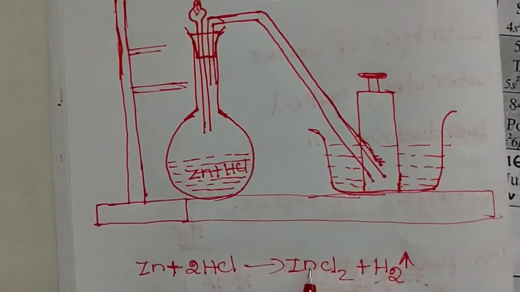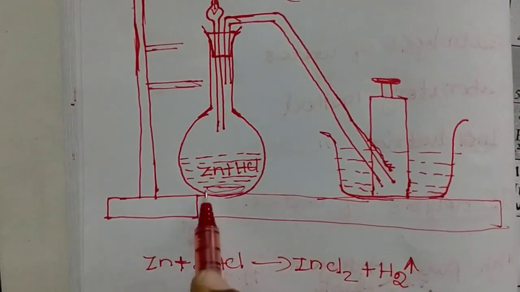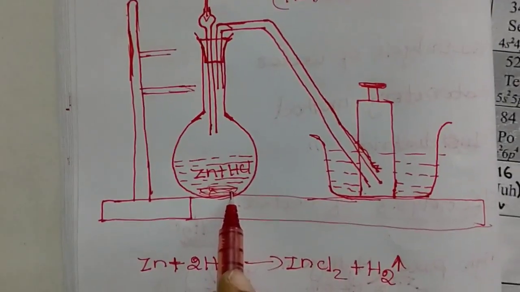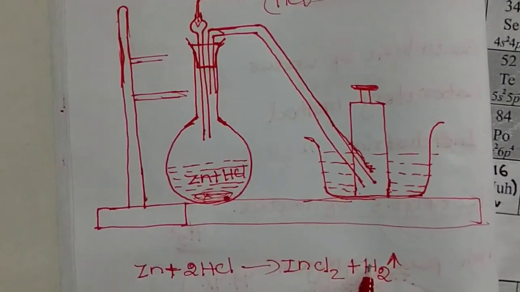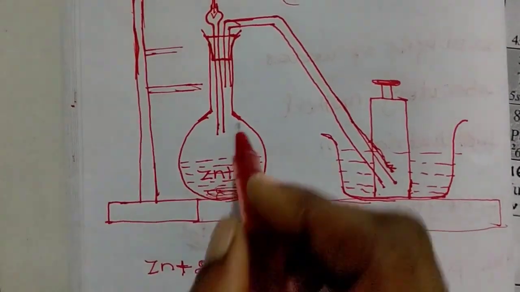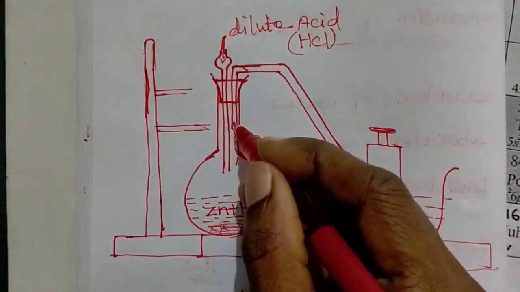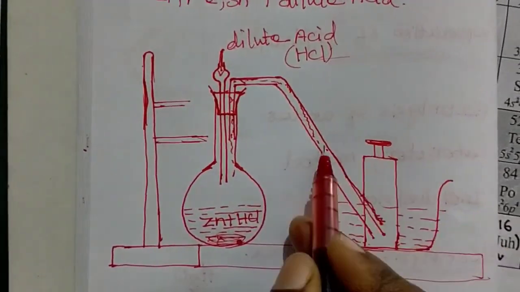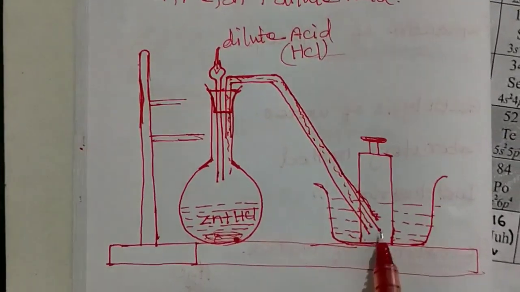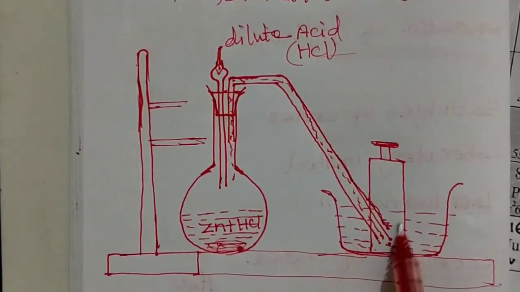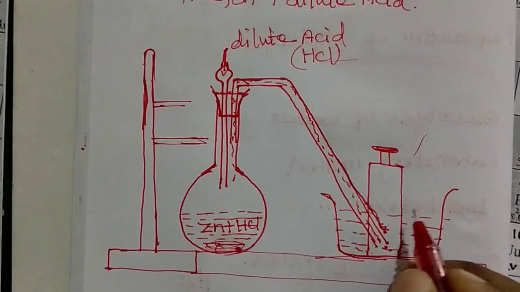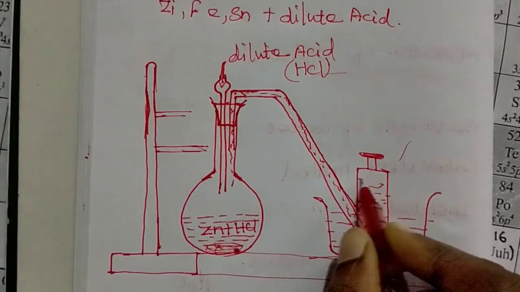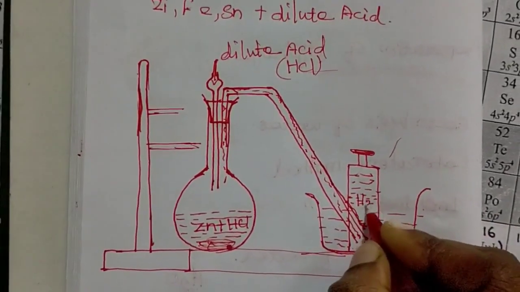Because of this reaction, zinc chloride is formed and is present as a solution or precipitate settled in the round bottom flask, and the hydrogen released from this reaction goes through this tube and is collected in one collecting tube or cylinder.